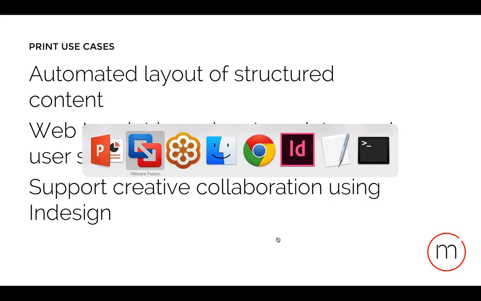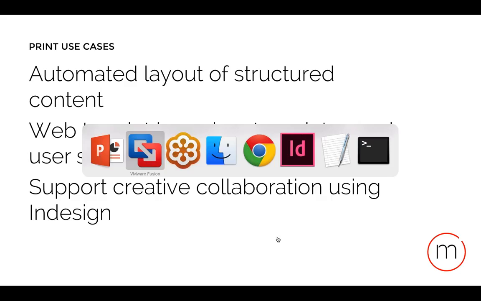Both the first and the second use case are going to render directly to PDF. So the idea is to offer this as a self-service kind of functionality to end users with no specific skills in layout, both technically or aesthetically. And then the third use case is a different one. This is where we will support a more elaborate creative collaboration with, for example, an agency or an internal design studio that will typically use an authoring program such as InDesign or Illustrator.